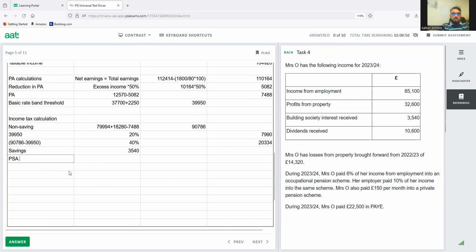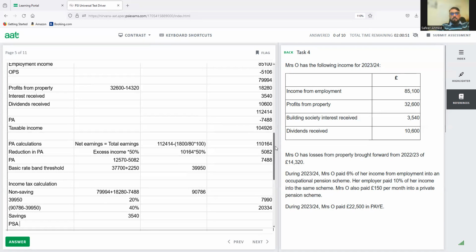In order to determine how much will be available, we always look at the taxable income. So if the taxable income is below 37,700, then the first 1,000 of saving income is tax-free. If the taxable income is between 37,701 up to 150,000, then a personal saving allowance of 500 is applicable, which is the case in this situation.